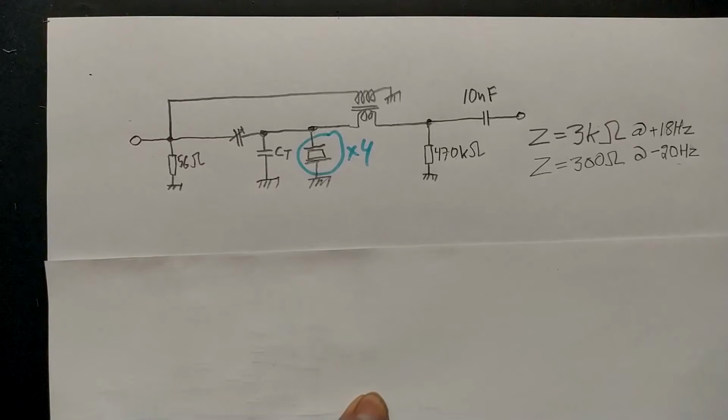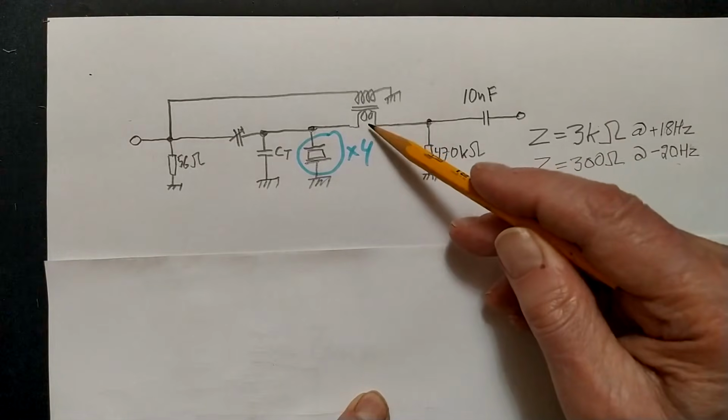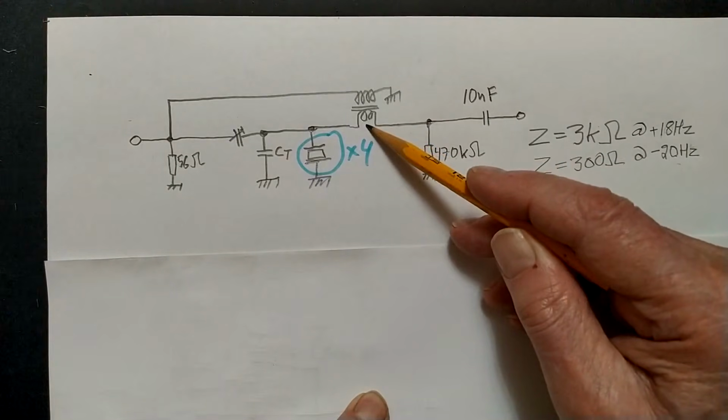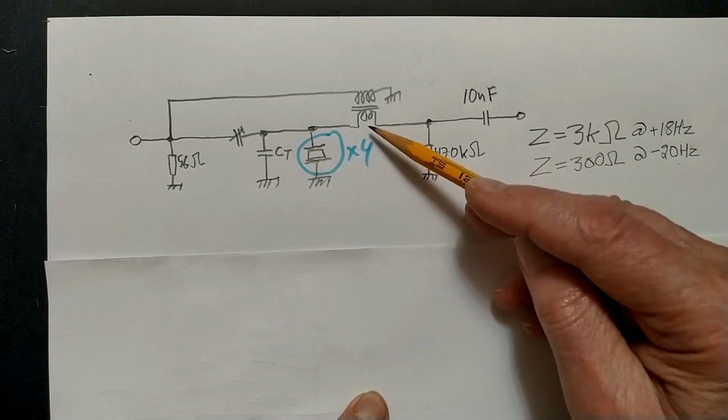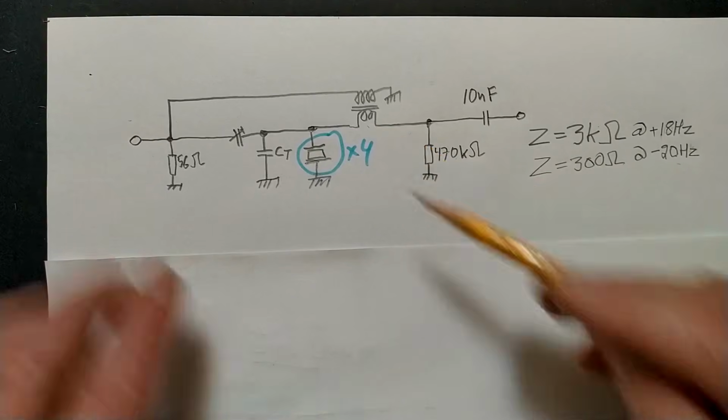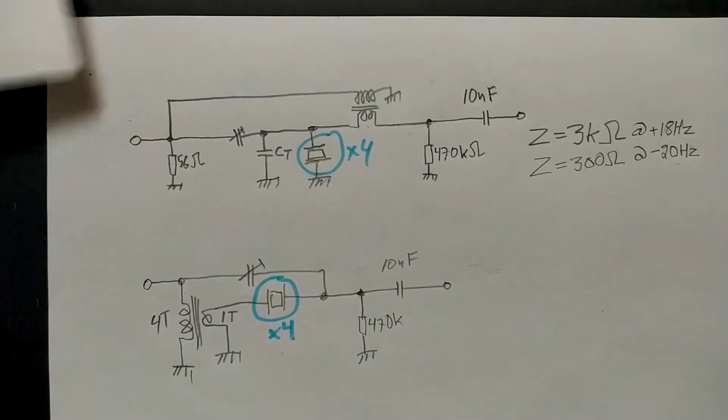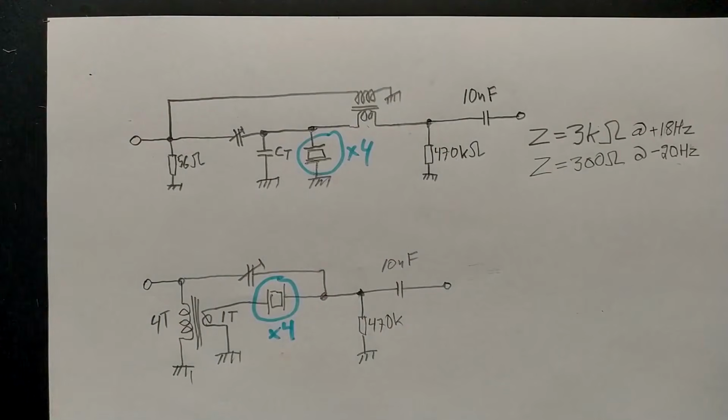Here is the old filter configuration. I had to put a large number of turns on the secondary here, and I was suspecting maybe that would cause a problem. So I made this new configuration where I make a current by transforming from 50 ohms by a factor of 4, means 16 times in impedance, feed it through the crystal to the output here.